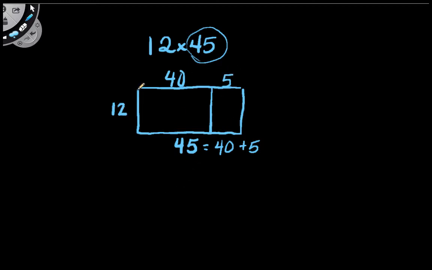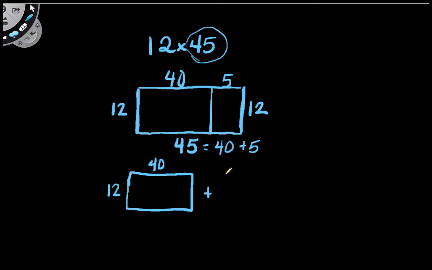And if we have a rectangle and that's 12 over here, that means the length of that rectangle is also 12 over here. So that means we have a rectangle broken up into two rectangles now. We have this one that was 12 times 40, and then we have this little one that is 12 times 5.